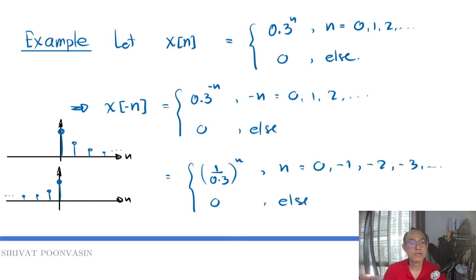So the top one is x of n, the lower one is x of minus n. I think I should write down 0, 0, 0 here, and 0, 0, 0 here, and so on.